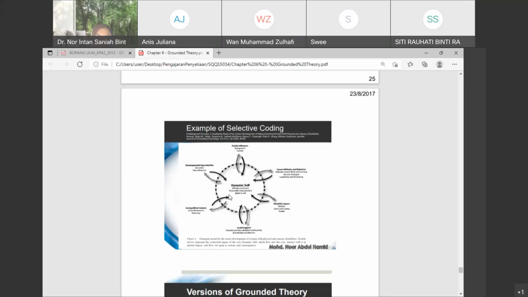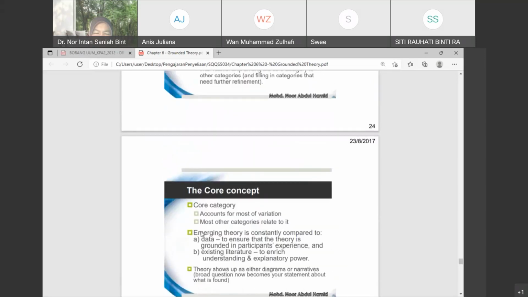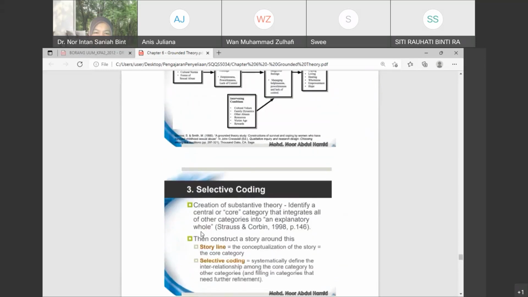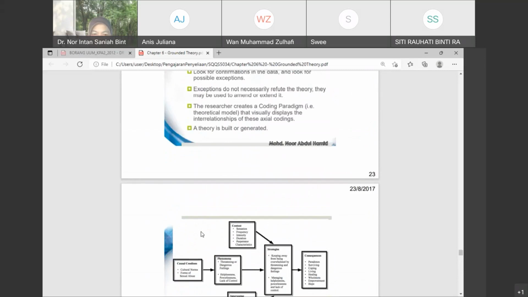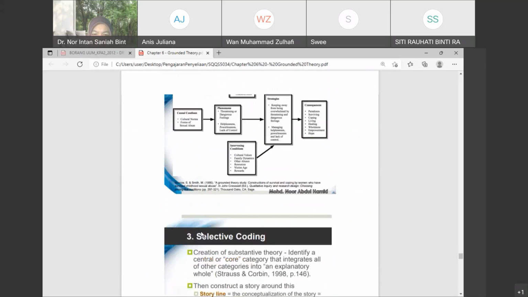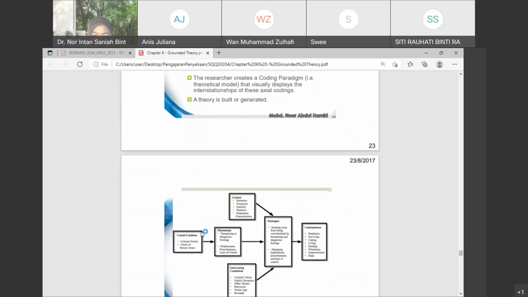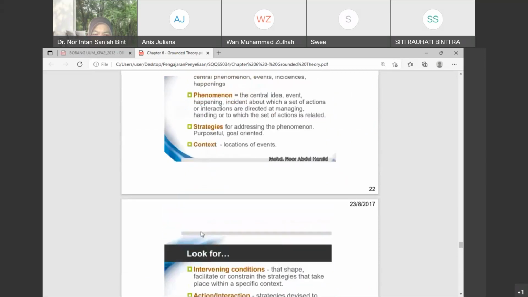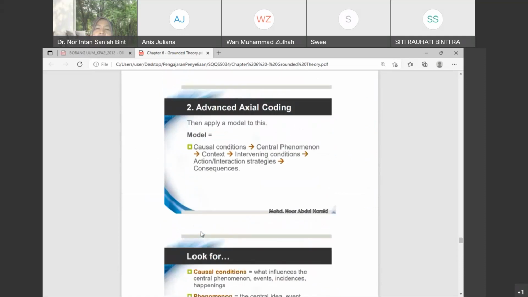Cuma nak bagi till to this stage, bukan satu short term research lah. Itu yang I can say out lah. Ini sorry, ini lain. Ini contoh lain. This one is another example. Okay, buat sudah model.